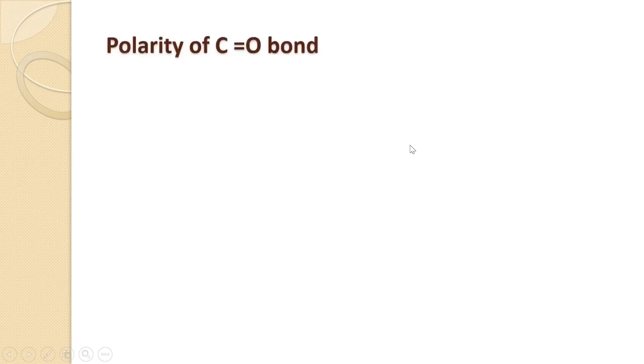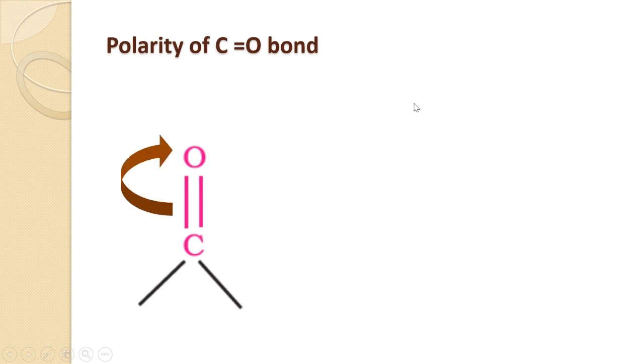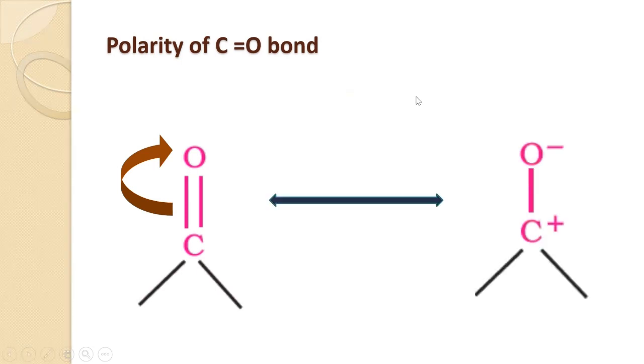Now the carbonyl bond, the C double bond O bond, is polar. We know that oxygen is more electronegative than carbon. So the pi electrons from the carbon-oxygen double bond will shift towards oxygen, giving it another possible structure with carbon positive and oxygen negative. So there is a resonance between these two structures.